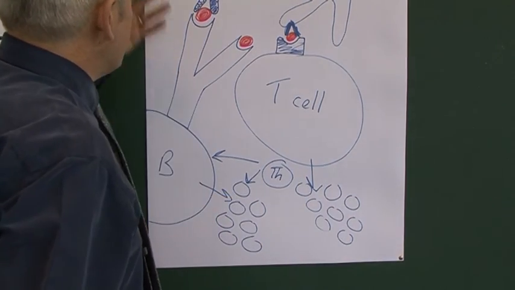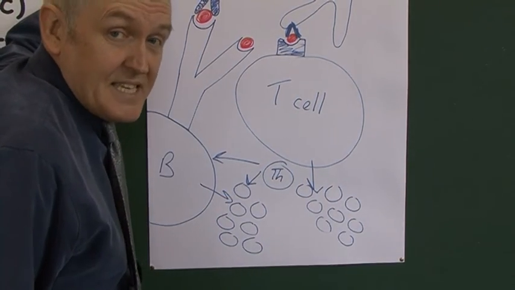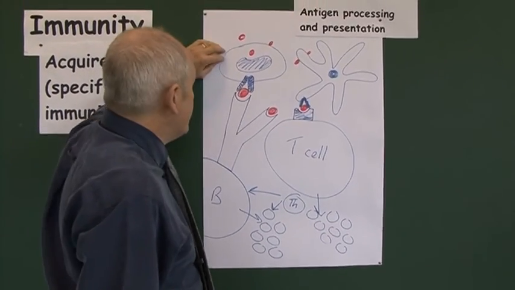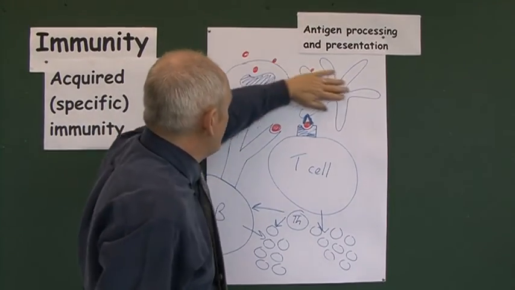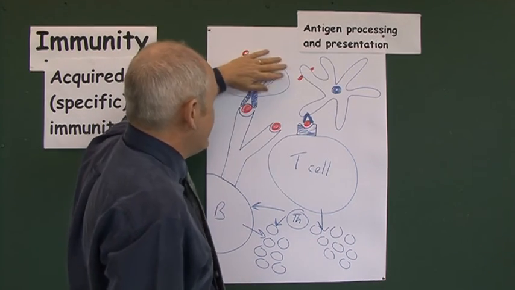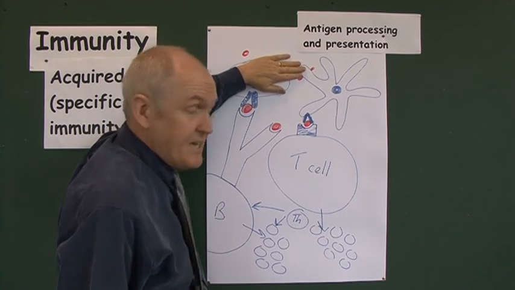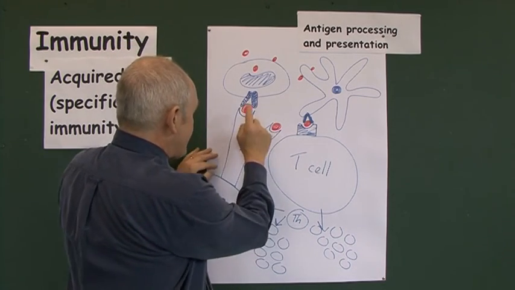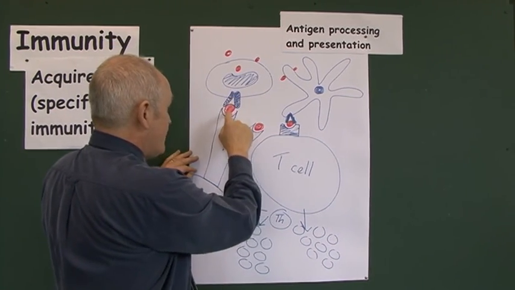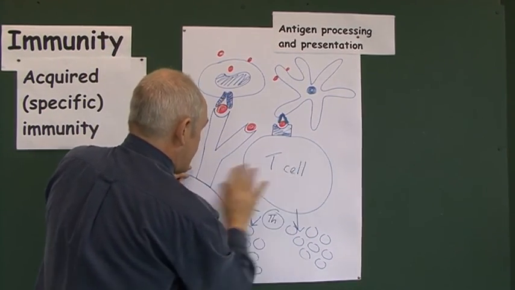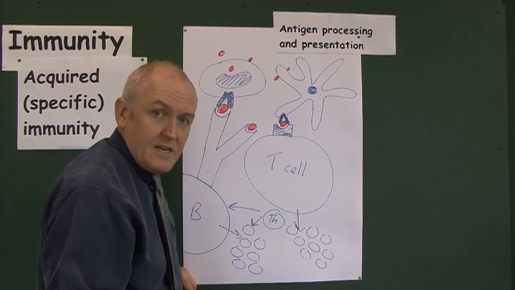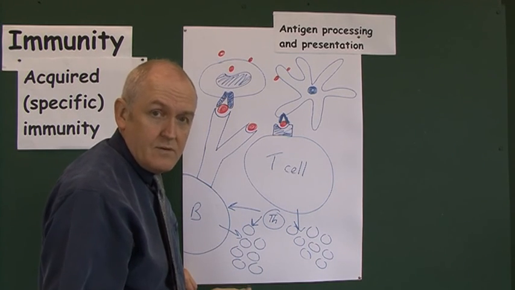So the APCs are sometimes considered to be a link between innate immunity and specific immunity. The antigen presenting cells will recognise and process any antigen, they're non-specific, but by presenting the specific antigen with the MHC, they will stimulate the specific lymphocyte-mediated acquired immune response.